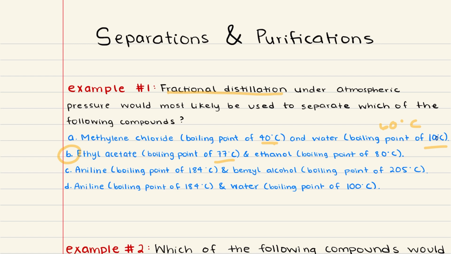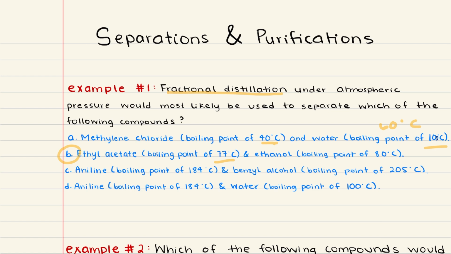These boiling points are very high, especially for organic liquids. Whenever the boiling points are over 150 degrees Celsius, we usually consider using vacuum distillation instead to avoid degrading the compounds with excessive heat. So that's why C wouldn't be the correct answer.